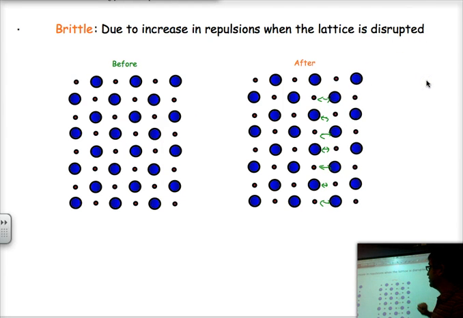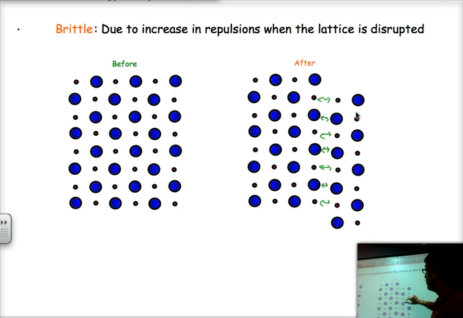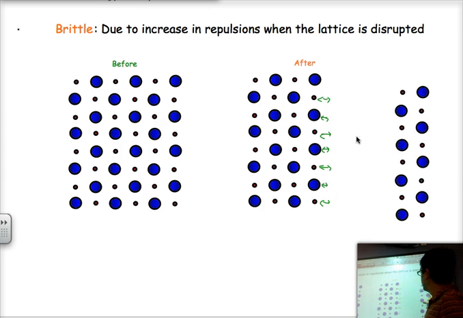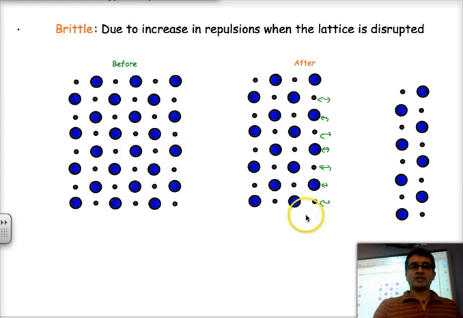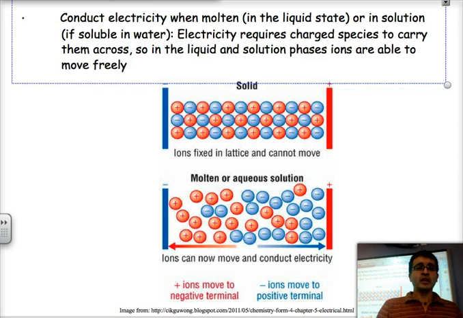If we had it like this, it would stay together, but if we modify the shape of the lattice, that causes the compound to break off and cleave. So hopefully that explains the brittle part.